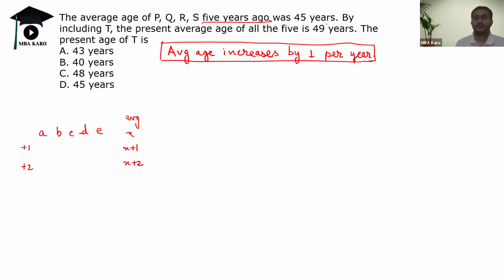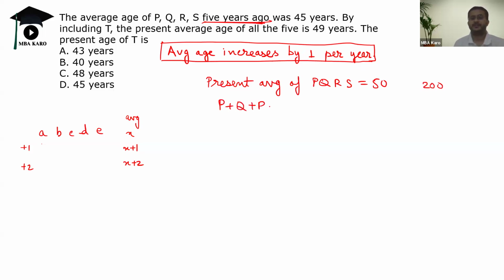Now, 5 years ago, their average was 45. So the present average of PQRS is equal to 50, right? Because it was 5 years ago. So the total is 200. And when we add PQRST, since it's an easy calculation, we need not use the change in average method.